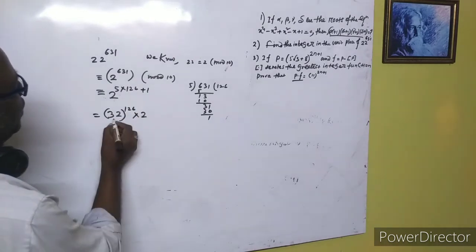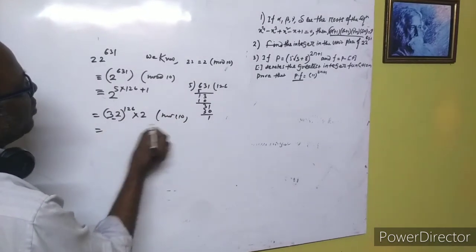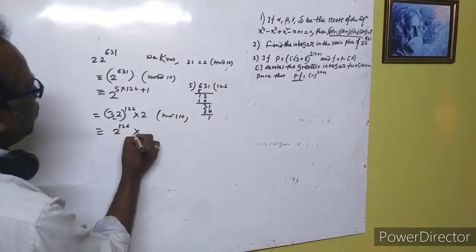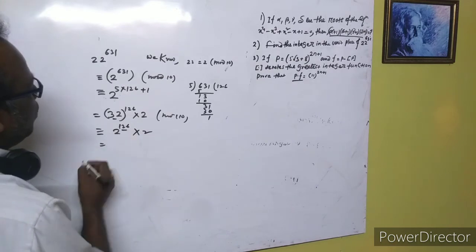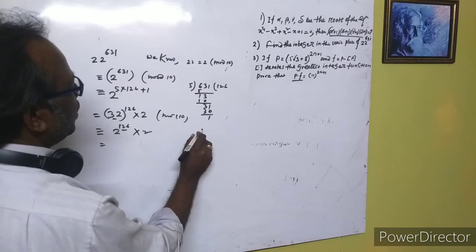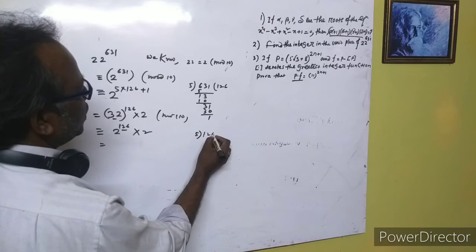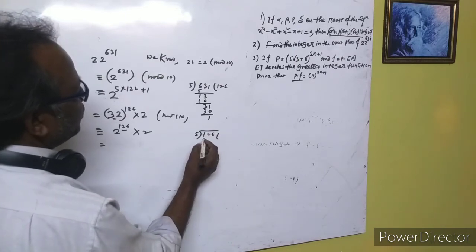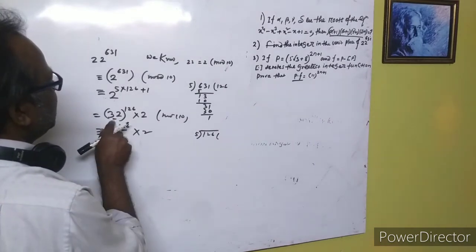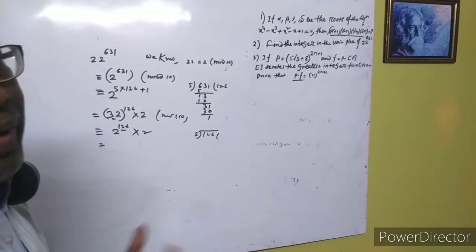And again, in the mod 10 system, if we divide 32 by 10, then the remainder here is 2. So 2 to the power 126 into 2 here. Again 126 can be arranged like 5 times something. Like this is 2 to the power 5, that means 32, and if we divide by 10, 32 can be arranged like a 2.